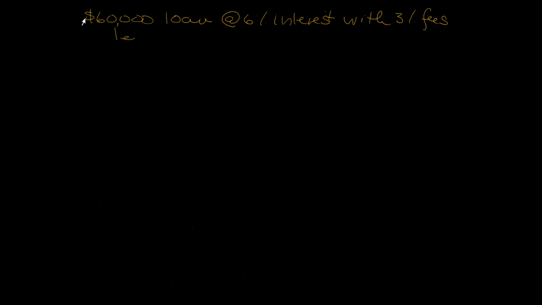Now, what if the lender agrees to finance the loan fees? So in that last example where we had 3% in loan fees, instead of reducing the loan by $1,800, we would actually add $1,800 to the loan amount. And so what's going to happen is our payments are going to increase.